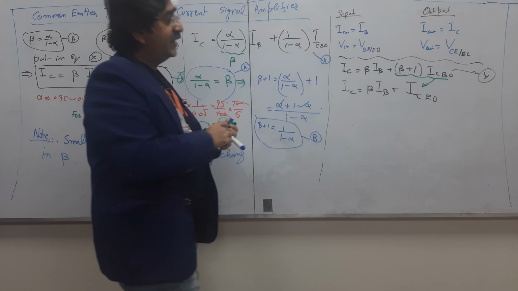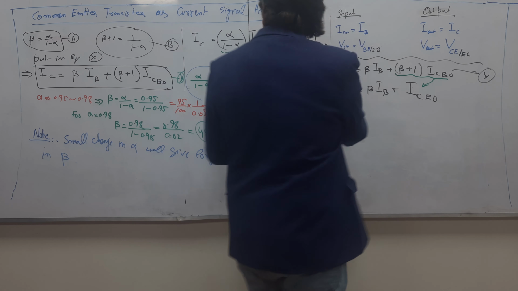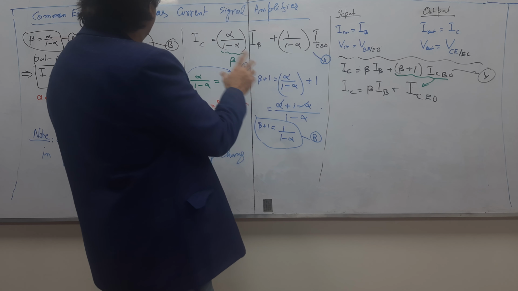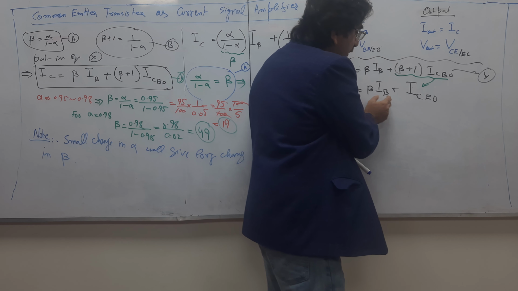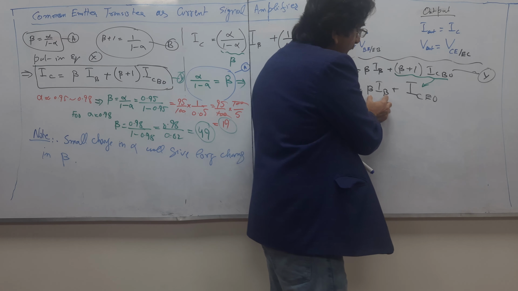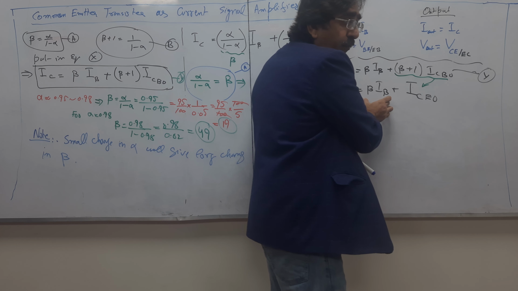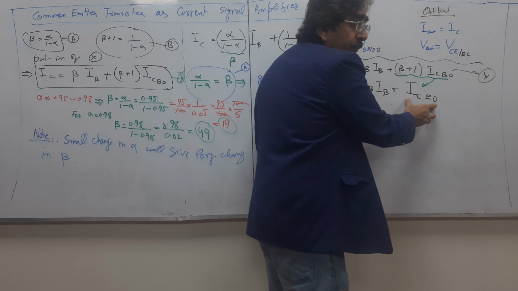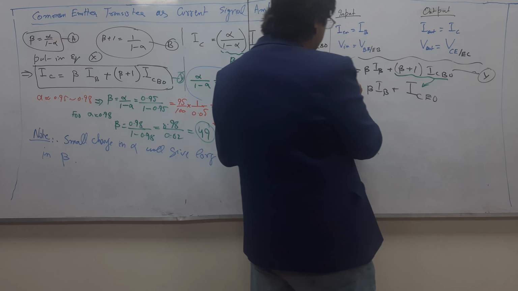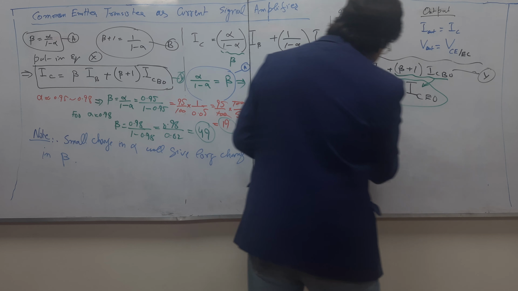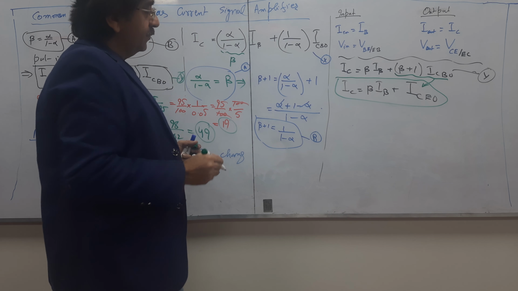As I have already explained, in the case of common base, the collector current must be divided into base, input current and leakage current, output leakage current. So this will be your result.